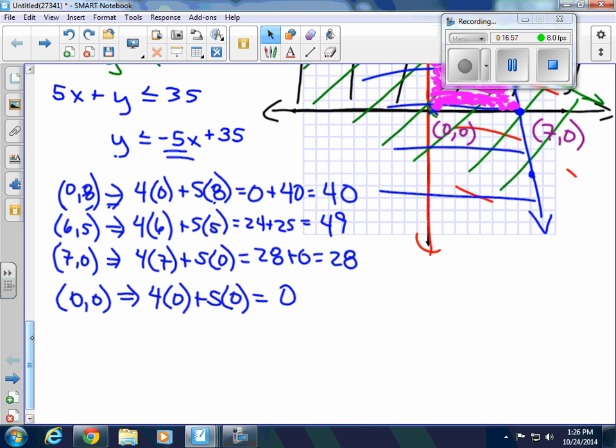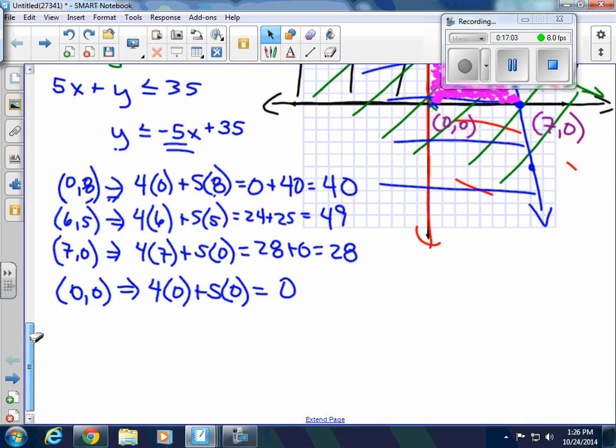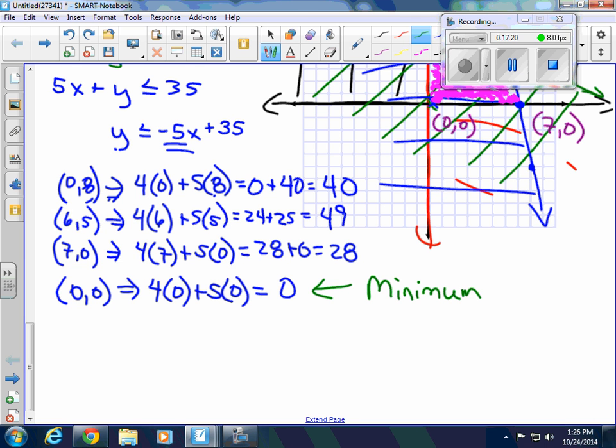And the question asks us to find the minimum value and the maximum value. So when we look at this, obviously the minimum value occurs at 0, 0. So this one is our minimum value, and this one is our maximum value.